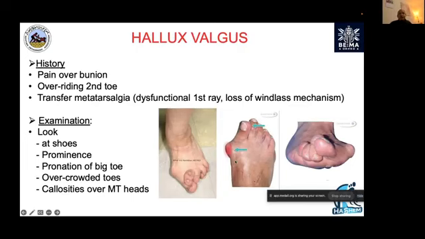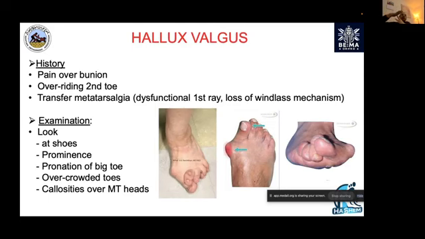Or he will come complaining of transfer metatarsalgia. To understand transfer metatarsalgia, normally you put first weight on the ball of the first toe, or head of the first metatarsal, then it goes across to the fifth. So normally what hits the ground first and takes the weight first is the first metatarsal head. If this first metatarsal head is not in place, dorsiflexed or defunctioned because of the hallux valgus, the patient puts more weight on the second, third, and fourth.